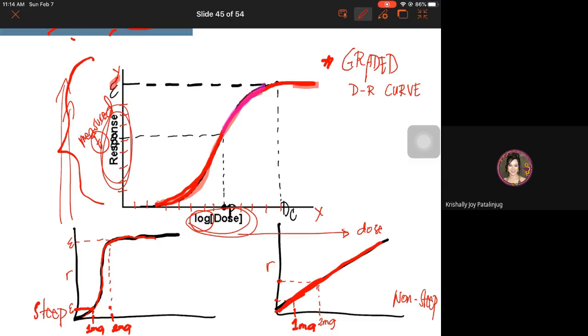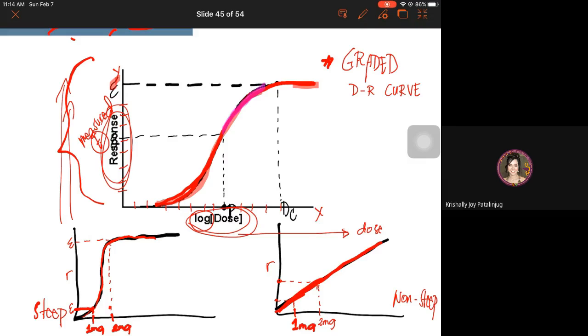It can also be applied in comparison of the responses to a drug, which is a full agonist, a partial agonist, an inverse agonist, or even a neutral antagonist. Also, this can be applied in studying a drug in the presence of a competitive antagonist or a drug in the presence of a non-competitive antagonist.